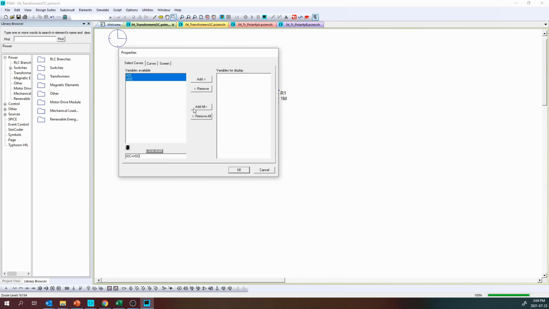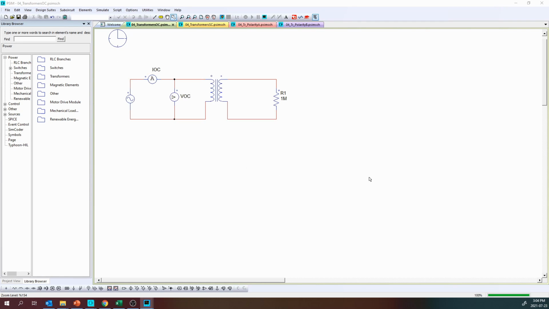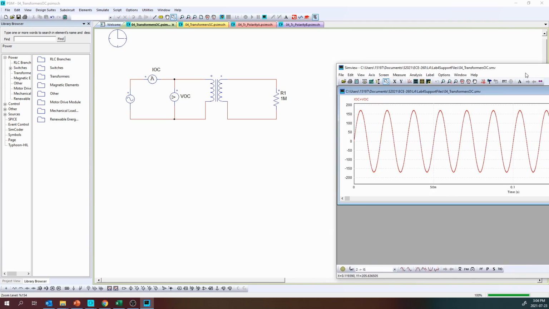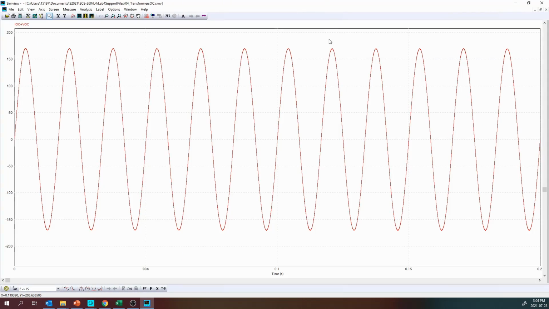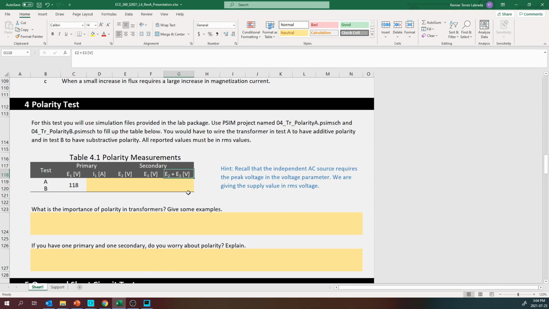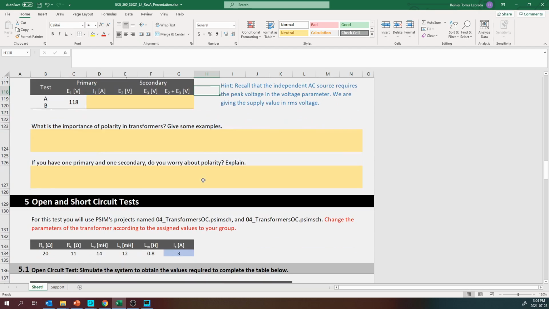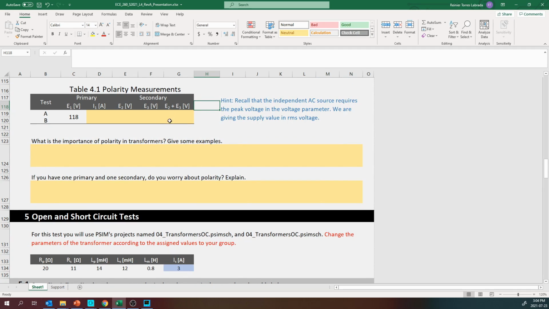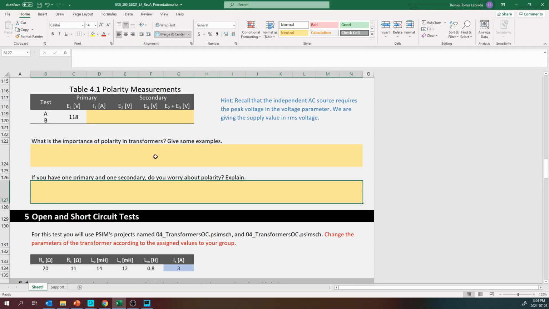The tool doesn't care. Then you click add, and you have here in variables for display IOC plus VOC, and when you click OK, it will compute that and show it to you. And that's the way you get E2 plus E3. If you didn't know that, now you know. And you have to put these two values here, and of course then answer these two questions.